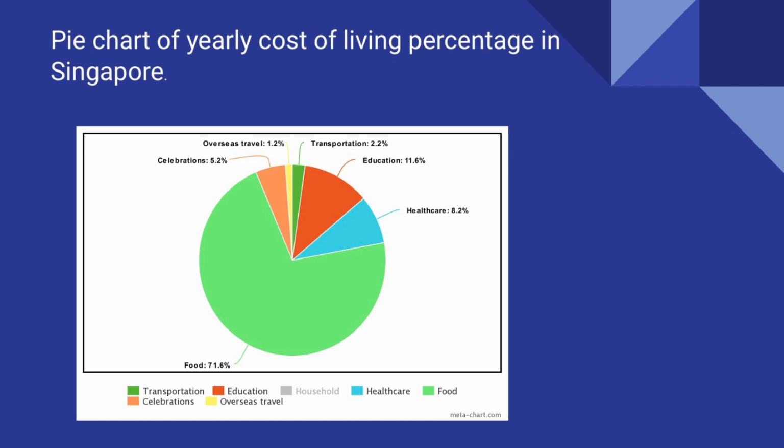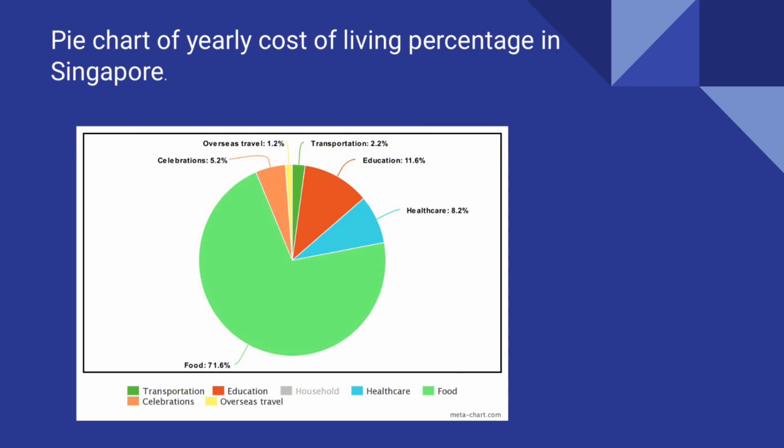Now, let's represent the formula as a pie chart. The pie chart below shows the yearly expenditure of living percentage in Singapore. The light green portion represents the food, which takes up 71.6% of the total income. Orange portion representing celebration, which takes up 5.2%.